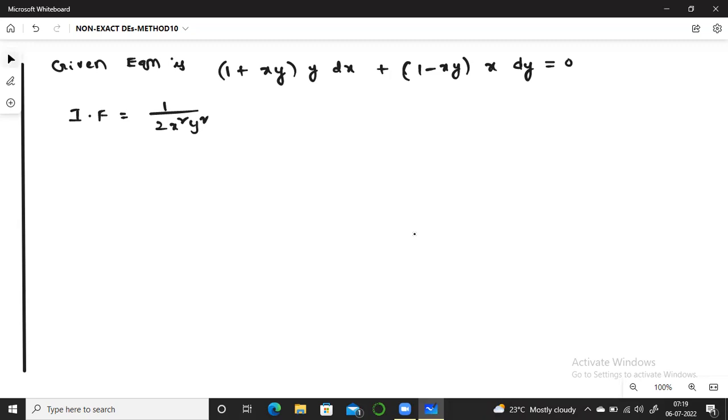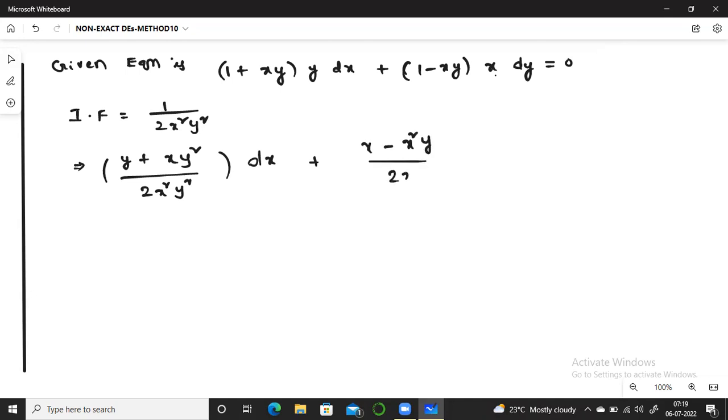What will you get? (y plus xy squared) over 2x squared y squared into dx plus, multiplying with x, (x minus x squared y) over 2x squared y squared into dy is equal to 0.